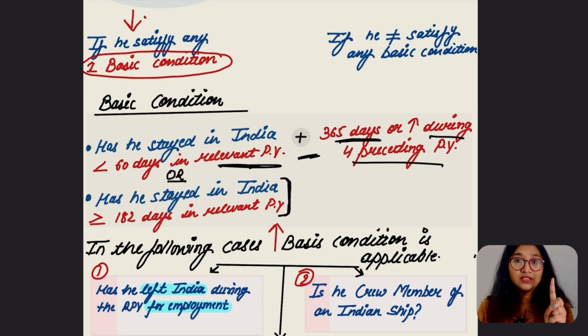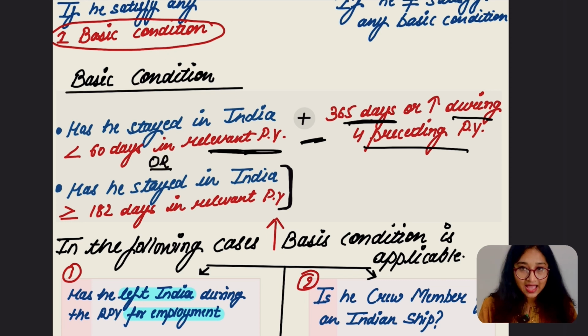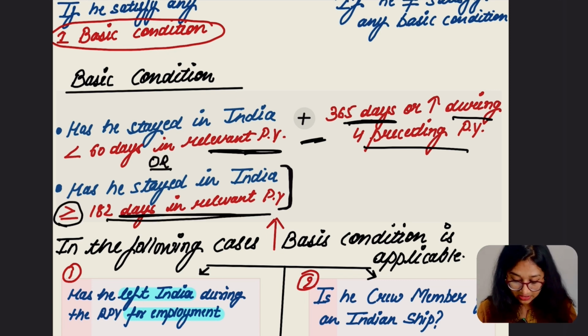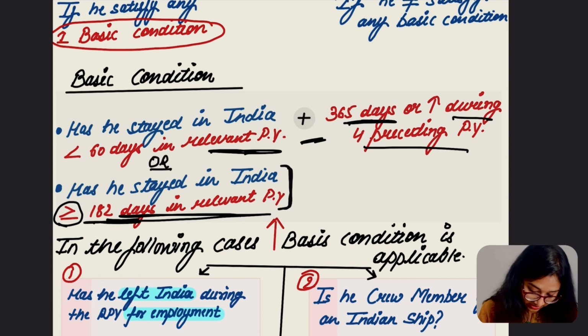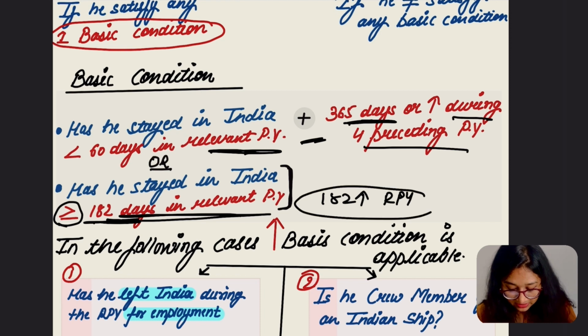This was one of the conditions, right? What about the second? Has he stayed in India for more than 182 days in the relevant previous year? This is also saying that if the person stayed more than 182 days in the relevant previous year, in that case he would be known as a resident of India, right?